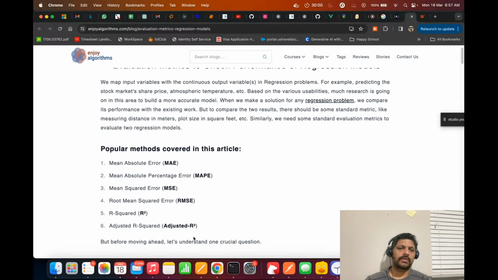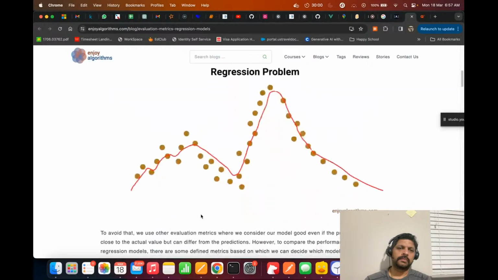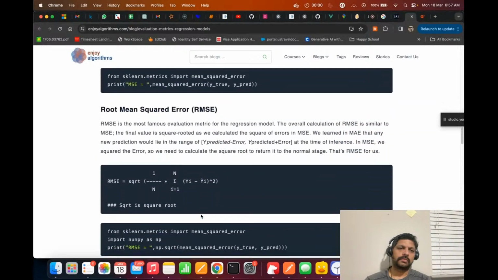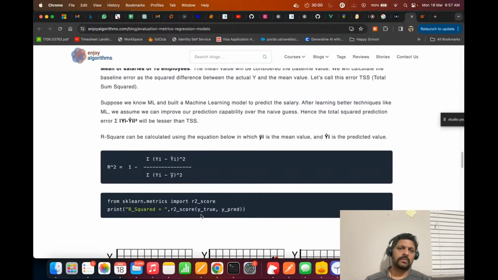RMSE, R square, adjusted R square. R square can be calculated using the equation below, in which y-bar is the mean.